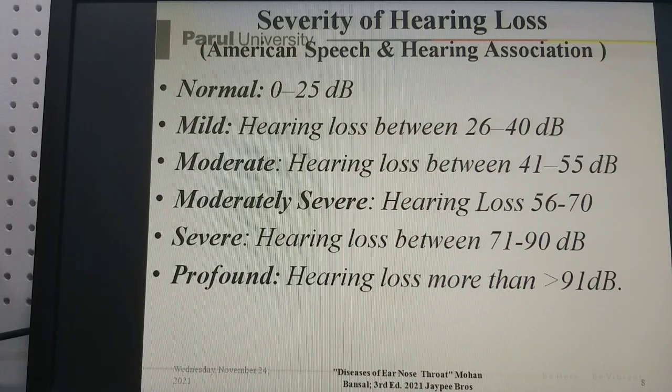If the hearing loss lies between 26 to 40, that is called mild hearing loss. If it is between 41 to 55, then it is moderate. If it is 56 to 70, it is moderately severe. If it is 71 to 90, it is called severe hearing loss, and profound means more than 91 decibel hearing loss.